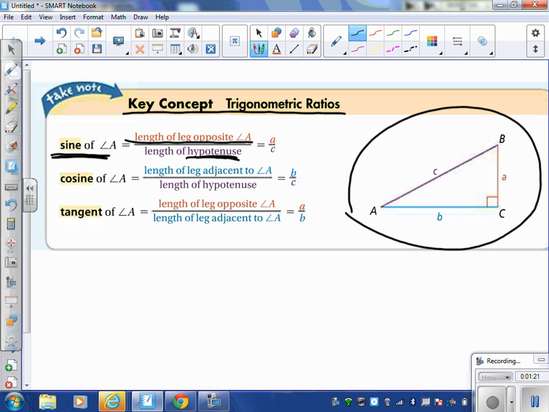So that would be the length of the leg opposite angle A. Angle A would be right here.